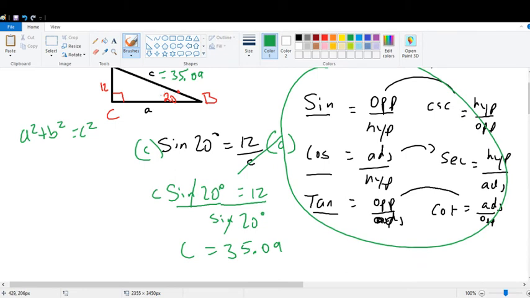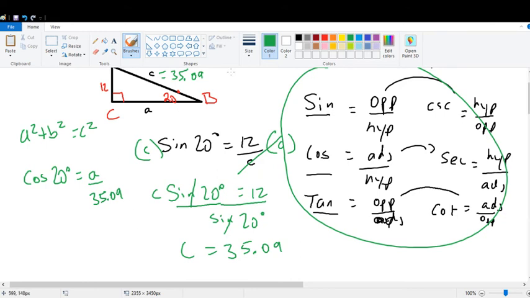So I have this angle, and I'm looking for a. So you can use cosine. Cosine of 20 degrees is equal to a, adjacent, over hypotenuse. I already know what that is.